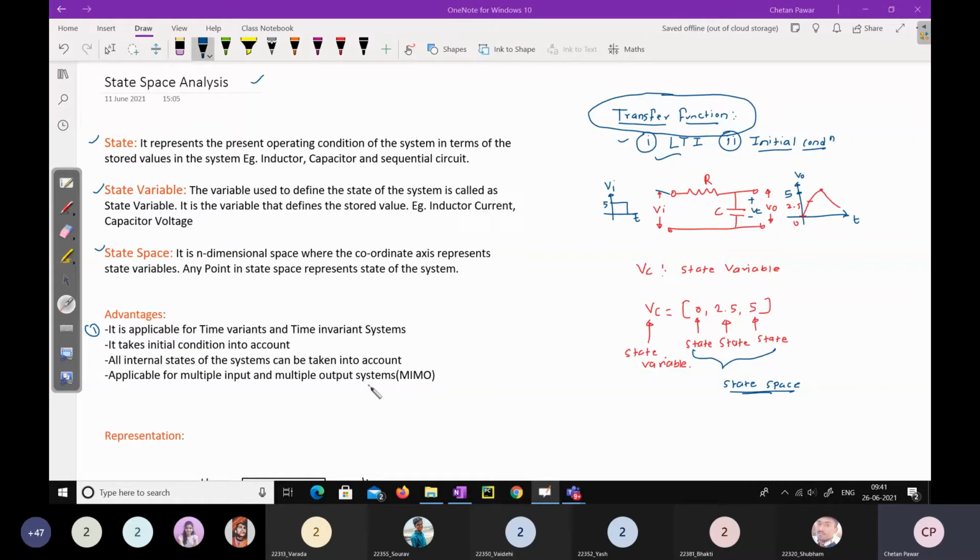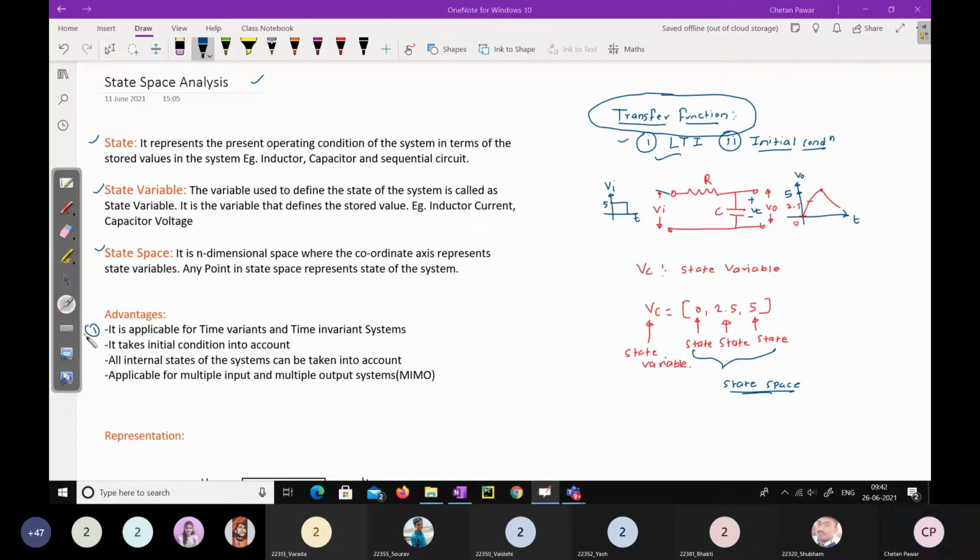So we have only applied that analysis for single input single output systems, but state space analysis is applicable for multiple input and multiple output systems. So we have seen what is meant by state space analysis and what its advantages are. Now let us see the representation.